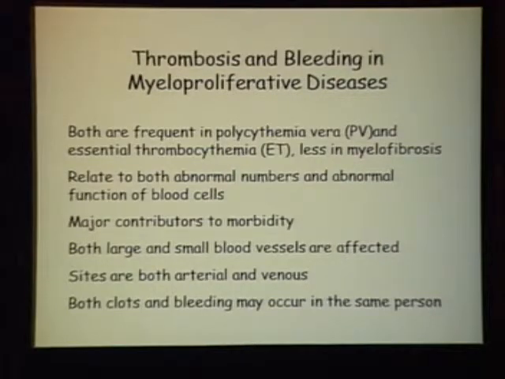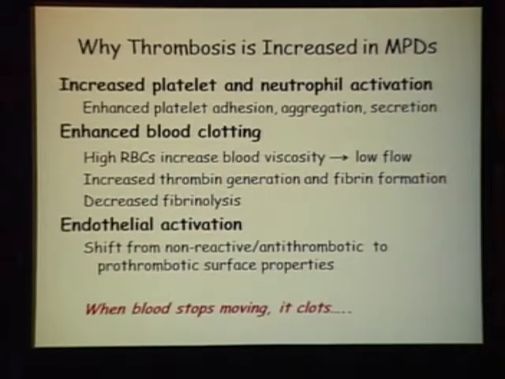Now, why are thrombosis and bleeding increased in myeloproliferative diseases? There are a number of reasons. First of all, platelets and neutrophils, which both contribute to blood clotting, may be enhanced in their functions, abnormally so. Blood clotting itself may be overactive in polycythemia because the high number of red cells increases the blood viscosity, as Dr. Silver has pointed out, and Dr. Spivak commented that lowering the hematocrit in polycythemia vera should be a mainstay of therapy.